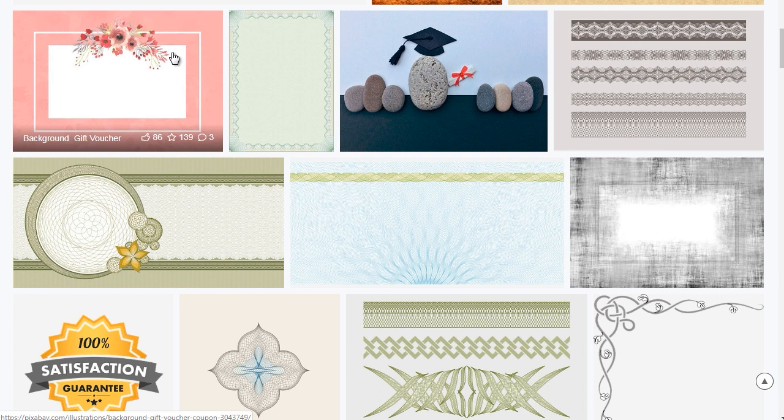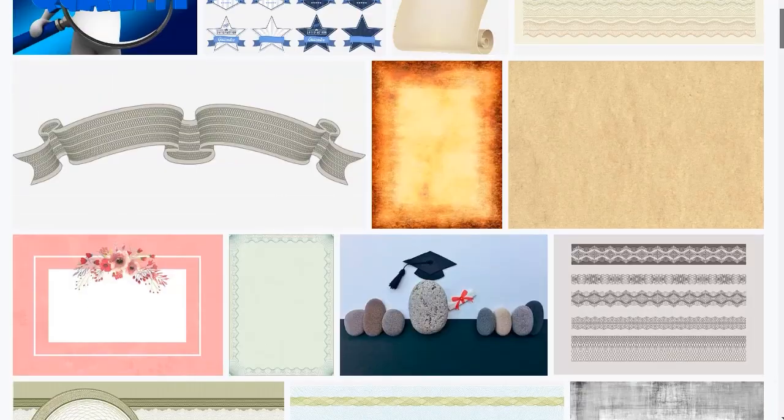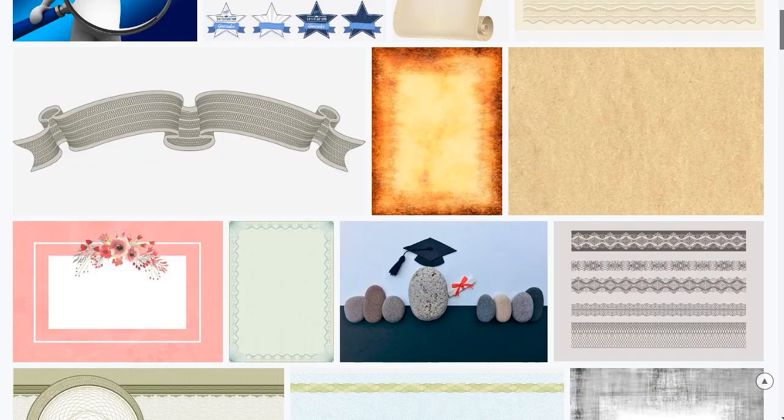It's okay to have some words, but you do want some bare spots. For example, if you had a certificate with a lot of words like this, that would not work. So all you need to do is simply download one of these.